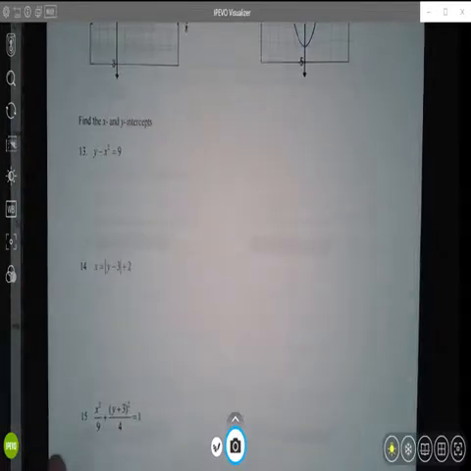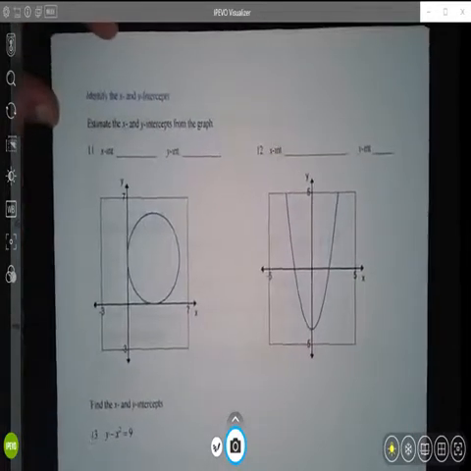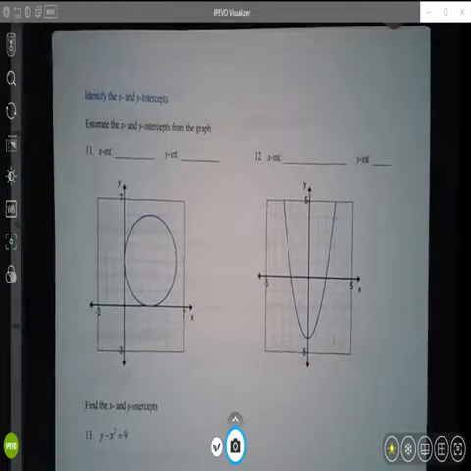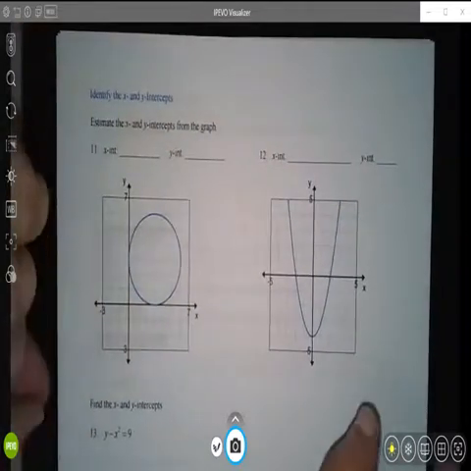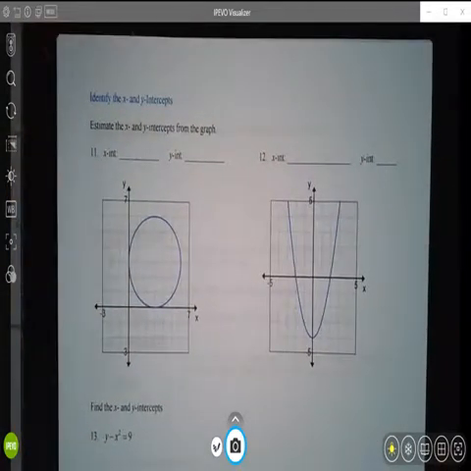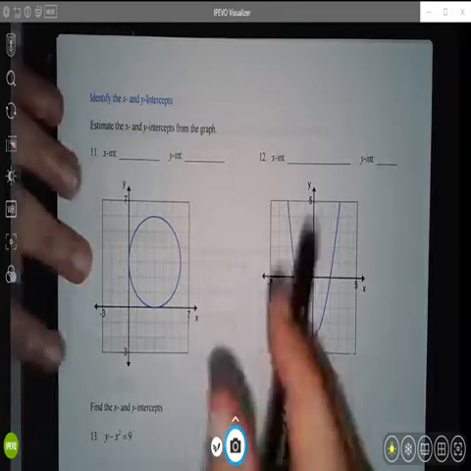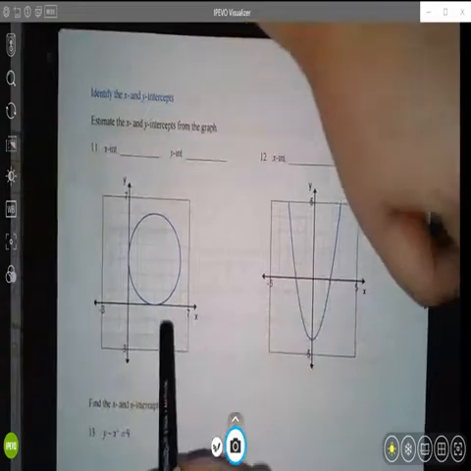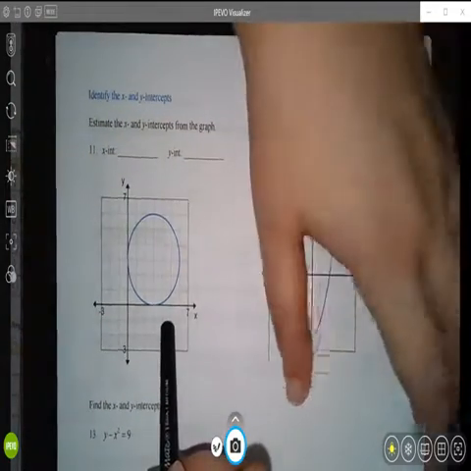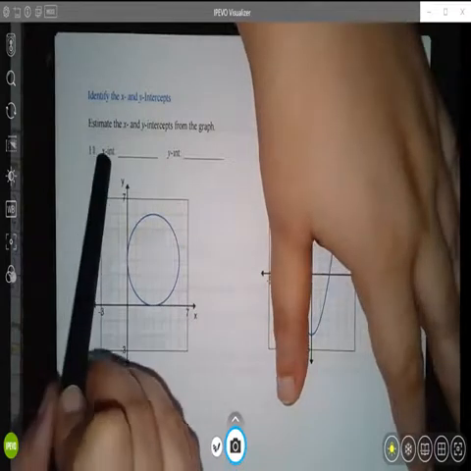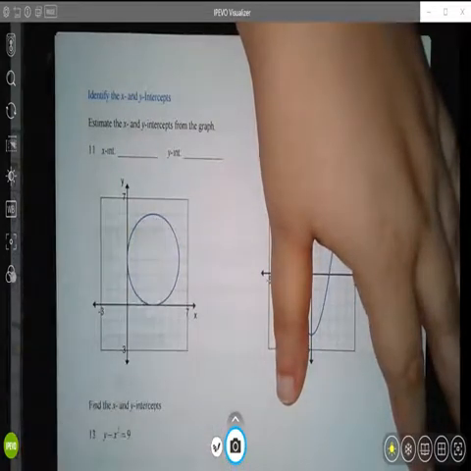now let's look over here. I want to introduce you guys to the idea of the intercepts, x and y intercepts. Now, these points are the points where the function, or I should say, the graph, touches the x or y axis, okay? So, looking at the circle right here, I want you to tell me what the x-intercept is and what the y-intercept is.